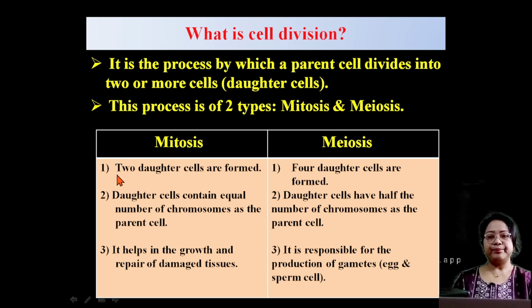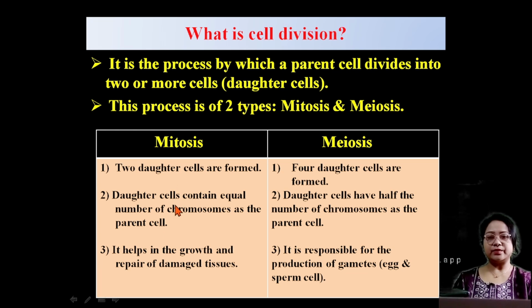Mitosis is the process of cell division where two daughter cells are formed. Only two daughter cells are formed. But meiosis is the process of cell division where four daughter cells are formed. In mitosis, daughter cells contain an equal number of chromosomes as the parent cell.